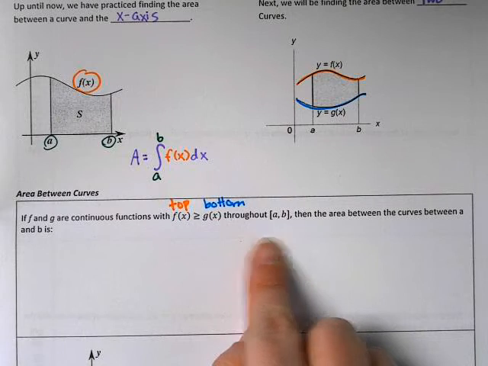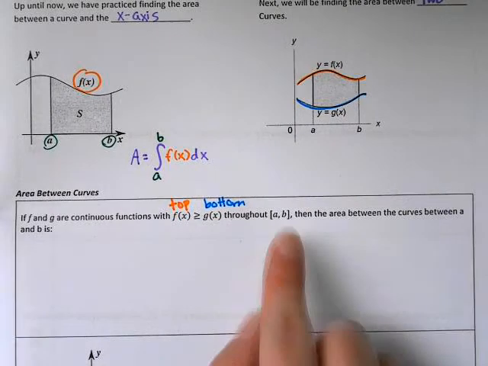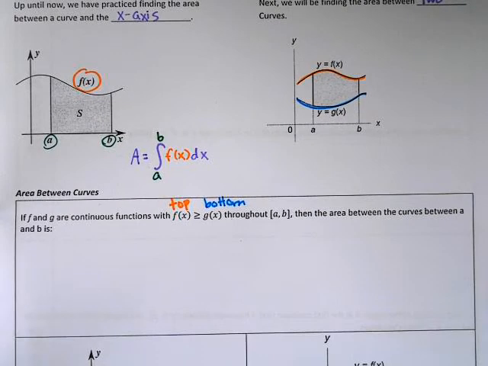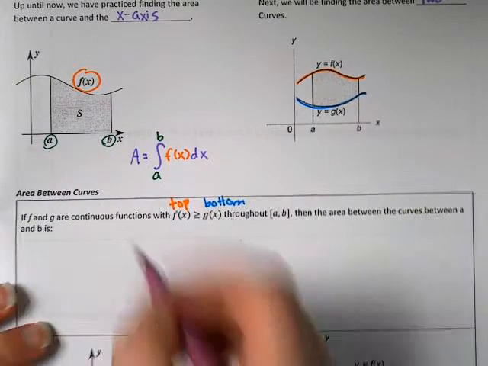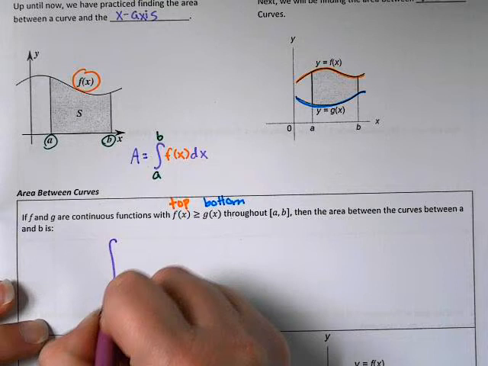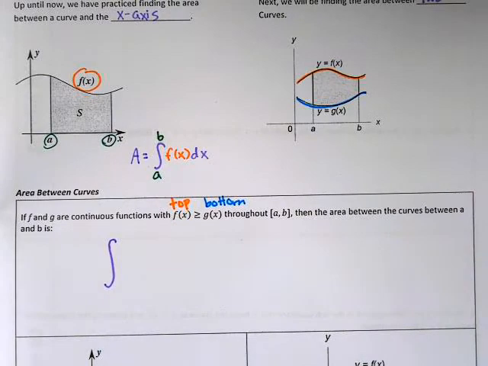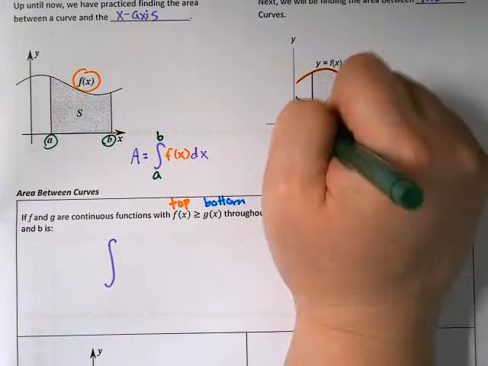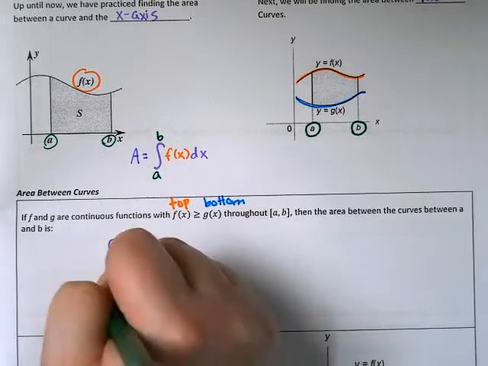Then we're looking still from a to b, and then the area between the curves between a and b is the following integral. So we still do the integral, and we do a to b because those are the bounds.